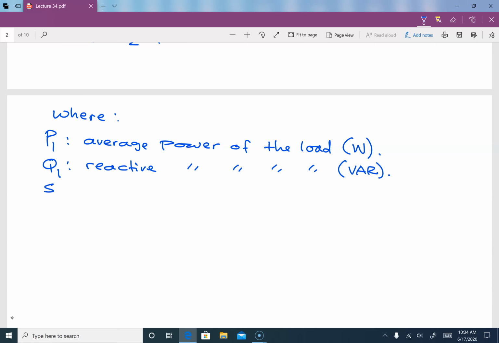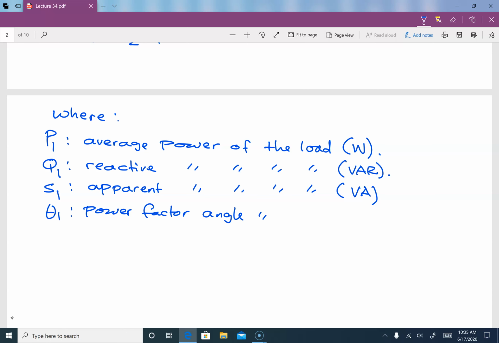Then we have S1. S1 is the apparent power of the load, and that is in volt ampere. Theta 1 is the power factor angle of the load, and that is in degrees.